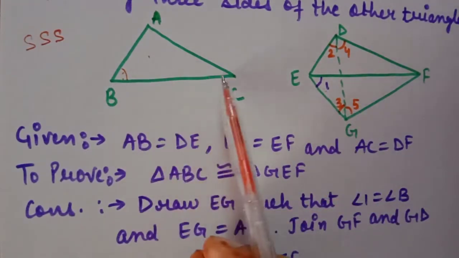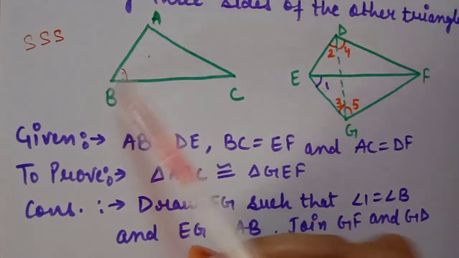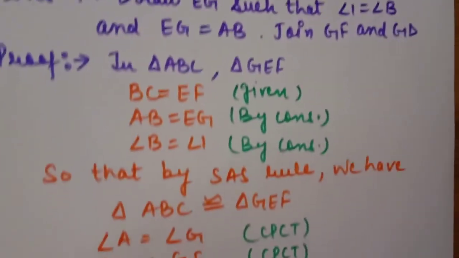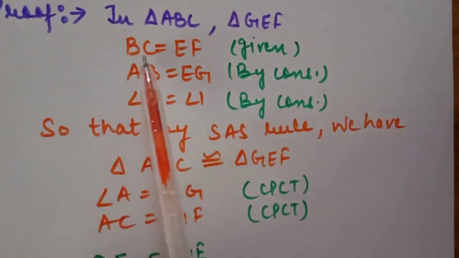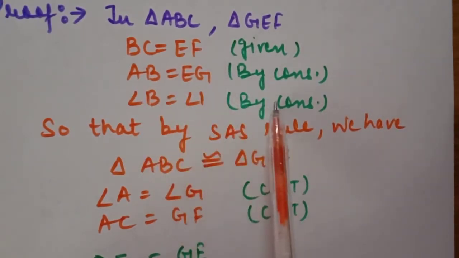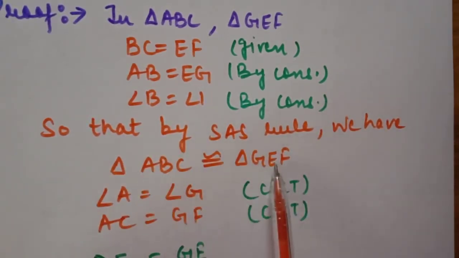Second, BC and EF are equal to each other, it is given, and AB and EG are also equal by construction. So they are congruent by the SAS rule. Pay attention here. BC is equal to EF given, AB is equal to EG by construction, angle B and angle 1 are equal to each other by construction. So by the SAS rule both the triangles are congruent.